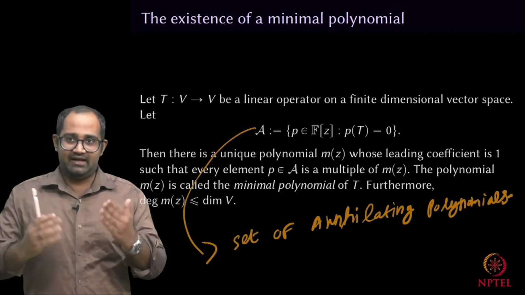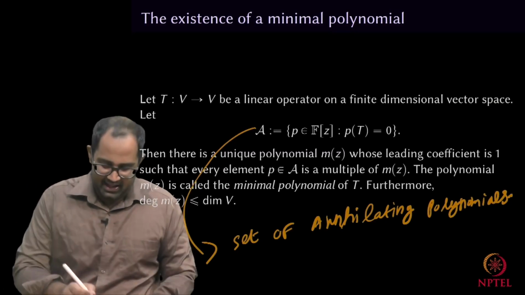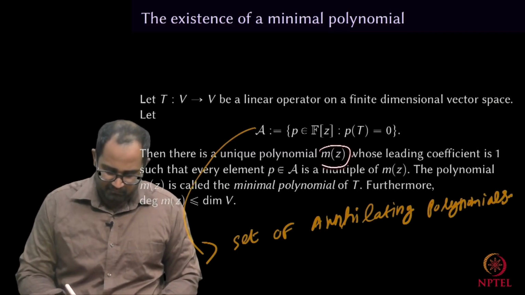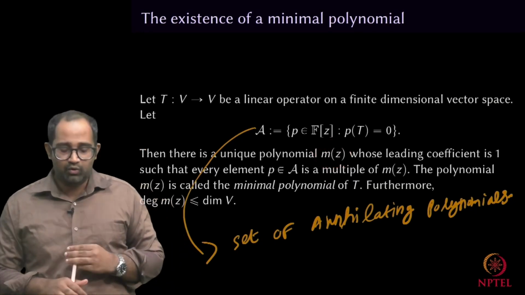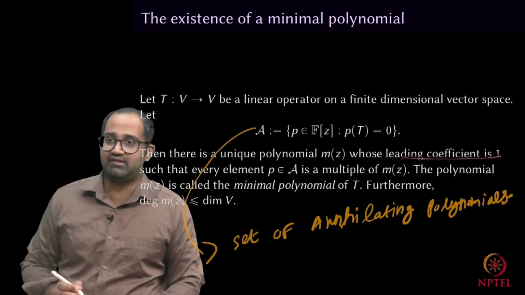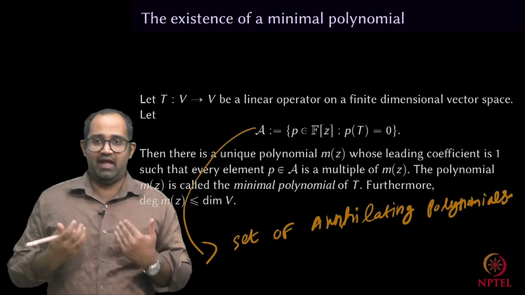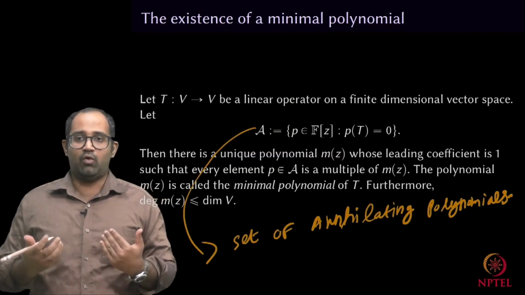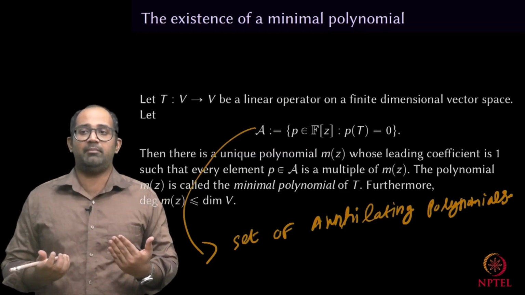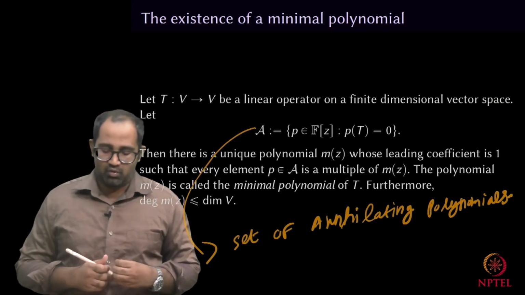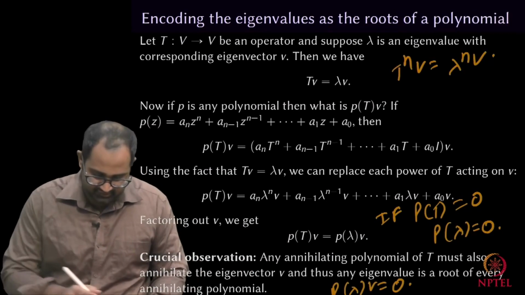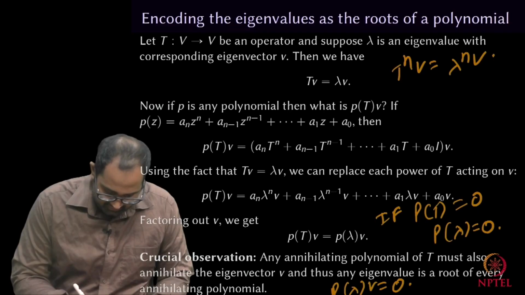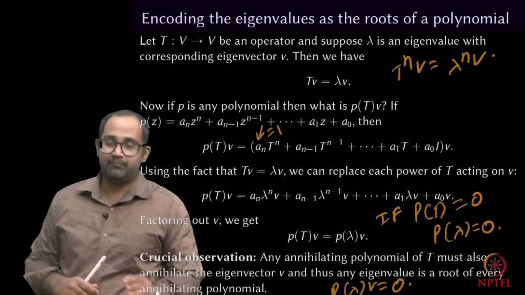Then in this set, there is a unique polynomial m(z), which is called the minimal polynomial, whose leading coefficient is 1. What does that mean? If the degree of m is n, then the coefficient of z^n in the polynomial is 1. That's what the leading coefficient means. That means this coefficient a_n is 1.